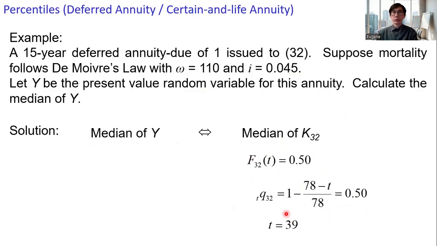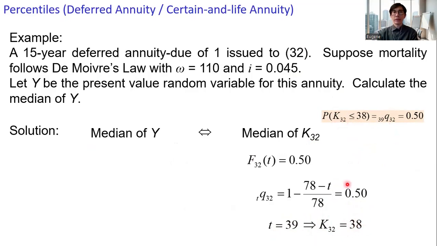So assume the individual dies at this time point. And here we get 39Q32 is exactly equal to 0.5. In terms of K32, this corresponds to the probability that K32 is less than or equals 38. And therefore, this corresponds to the value K32 equals 38.